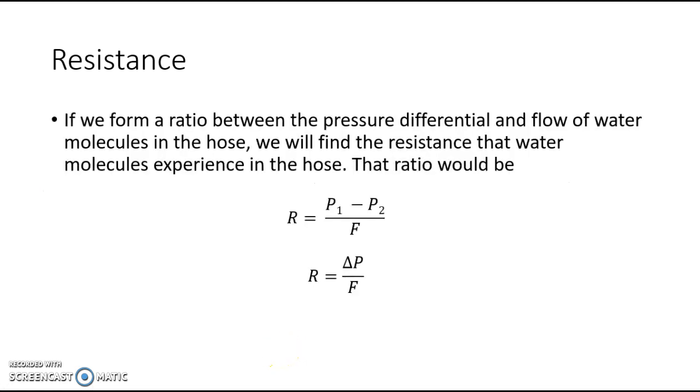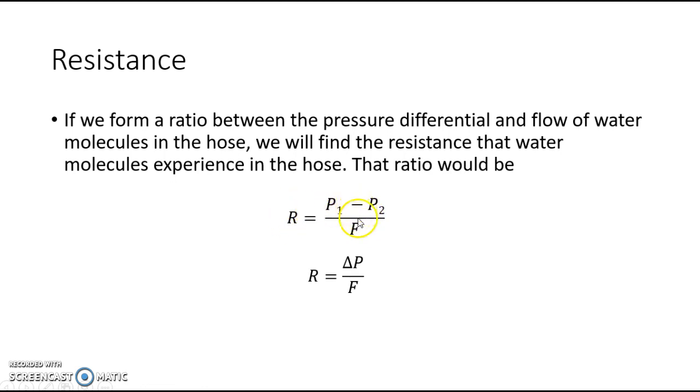All right, so given that that's the case, by taking the ratio of the pressure differential and the flow rate of the water, we may find the resistance that the water molecules experience within the hose. That ratio tells us that if we take P1 minus P2 divided by the flow of the water molecules, that will tell us what our resistance is.